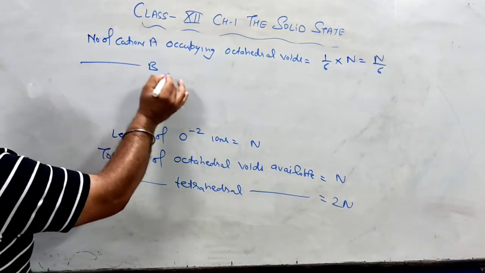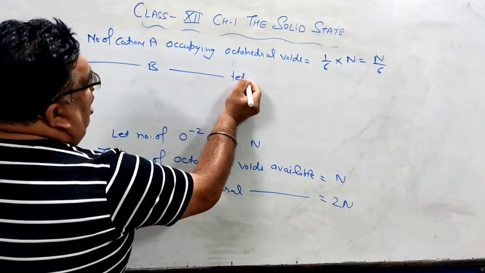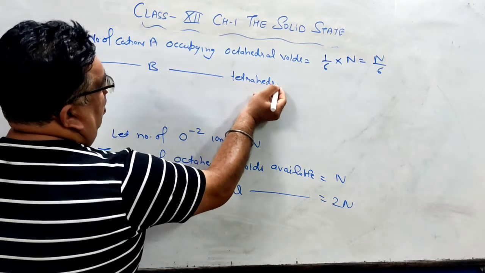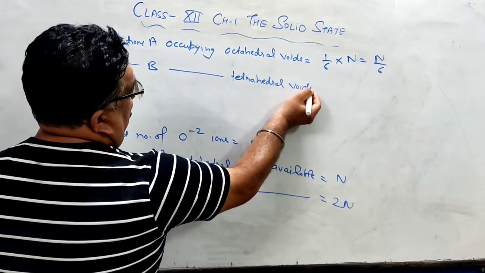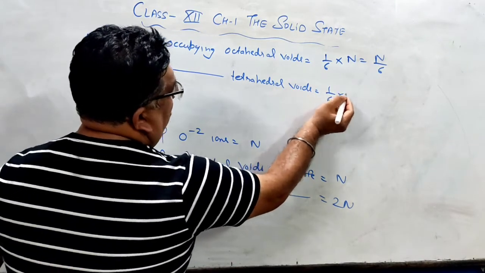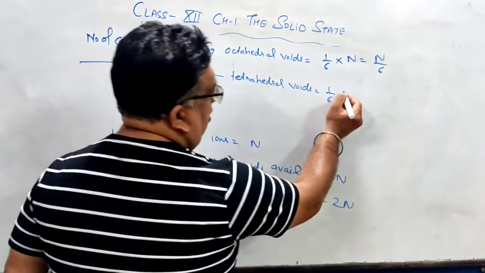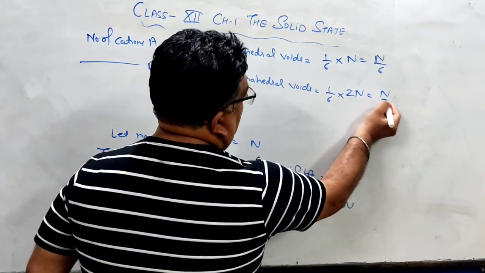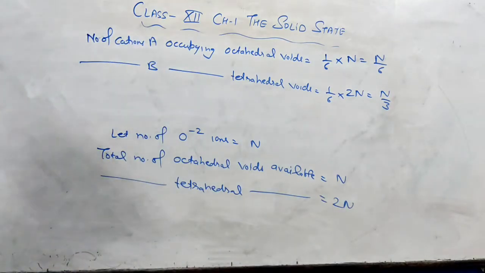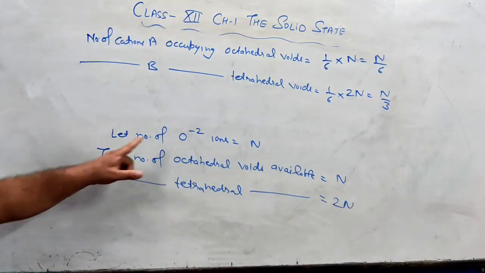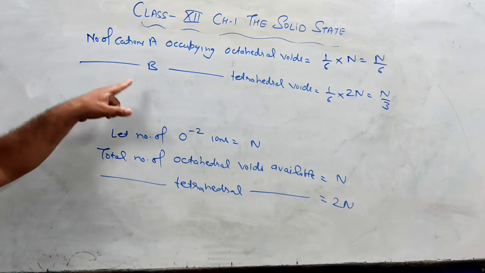And number of cations B occupying tetrahedral voids, they are 1/6 of the tetrahedral voids, and tetrahedral voids are 2n, so 1/6 into 2n, this is n/3. So in this case we are having number of oxide ions, number of cations A, number of cations B.